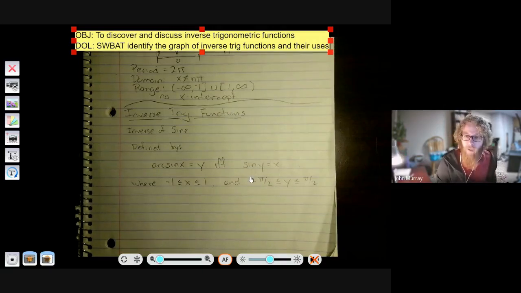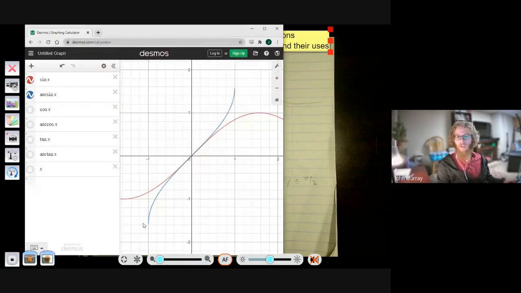So our range for our arc sine is going to be from -π/2 to +π/2, or from -90 degrees to +90 degrees. If I went all the way to the end there, it tells you π/2, which would be about 1.58 something. It just jumps there, and negative.